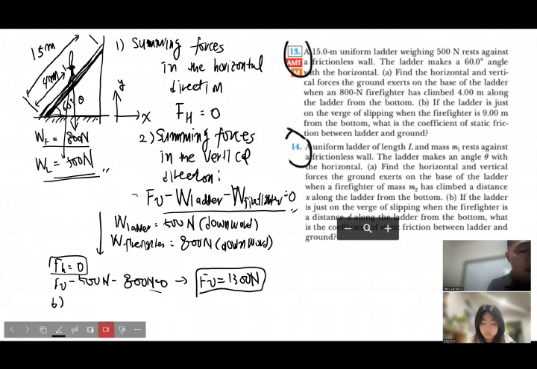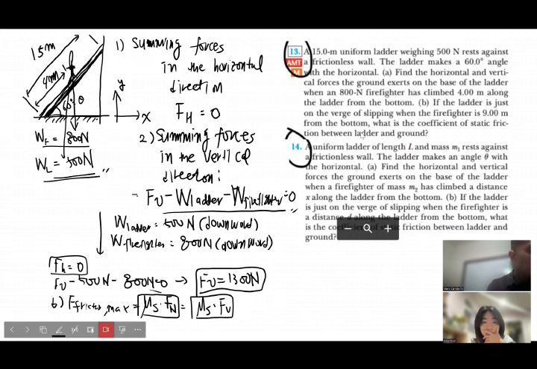So in that case, the maximum force of friction is the frictional coefficient times the normal force, which is mu_s times F_V.